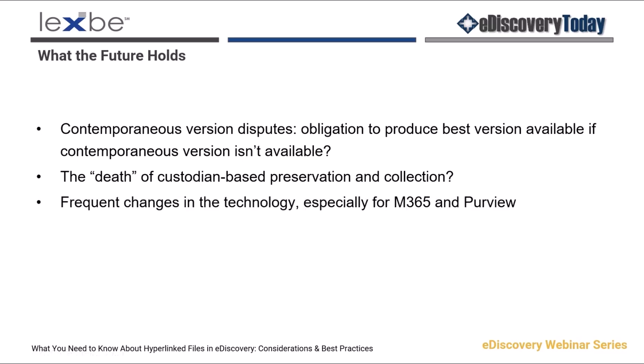The next thing that will happen, and in fact is already happening, is frequent changes in the technology. Those frequent changes are happening and will happen in the ESI source solutions that need to provide a way to get to the hyperlinked files for preservation and collection. Take M365 and Purview, for instance. Every month, Microsoft puts out a roadmap of updates that it makes to its products. Many of those updates relate to eDiscovery functionality within M365 and Purview. Greg Buckles captures the monthly M365 roadmap updates and publishes them on his excellent eDiscovery Journal site at eDiscoveryJournal.com.